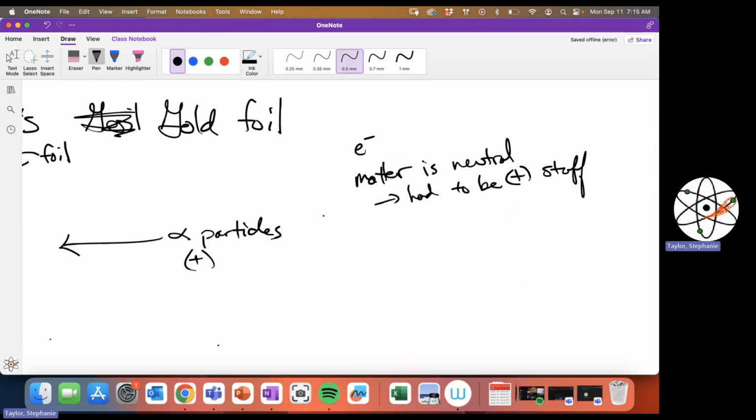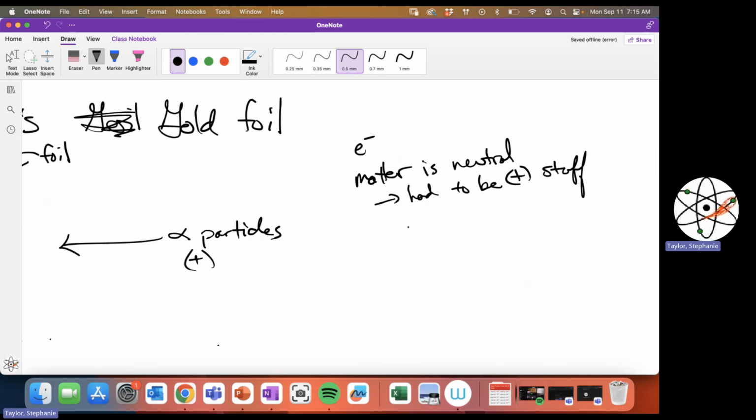So to think about why they are going to think that alpha particles are going to go straight through, alpha particles for them are just a type of radiation. We now know that this is a helium nucleus, but it's a type of radiation, and alpha particles go through things that are really super thin. They move at a really high speed. As far as a kind of radiation goes, they are relatively large.